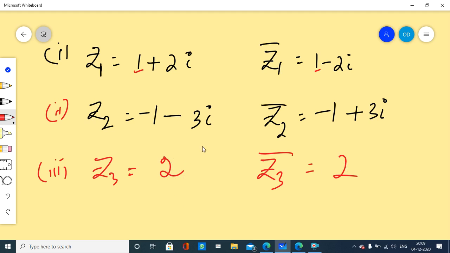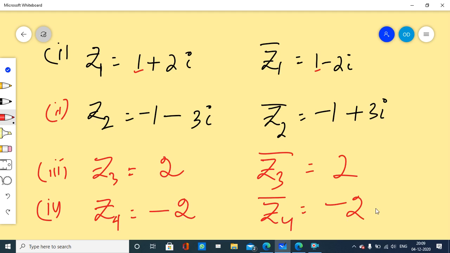Here the imaginary part is 0, and reversing the sign of 0 gives minus 0, which is the same 0. So its conjugate is 2. In fact, for any purely real complex number, the conjugate will be the same, because the imaginary part is not there.